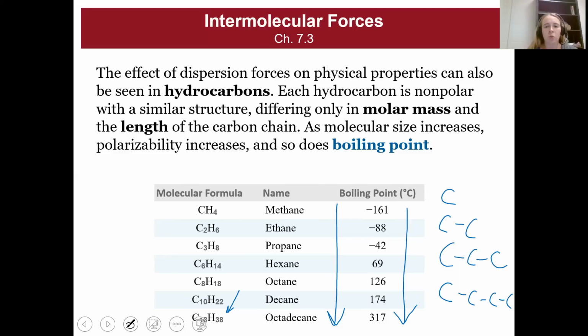This is all based on dispersion forces and polarizability, because we don't have any polar molecules here. The diatomic gases on the previous slide and the hydrocarbons here are all nonpolar molecules. So these are just dispersion forces, nothing else. No hydrogen bonding, no dipole-dipole forces, nothing, just dispersion forces.